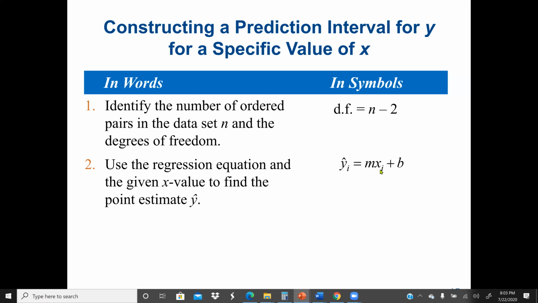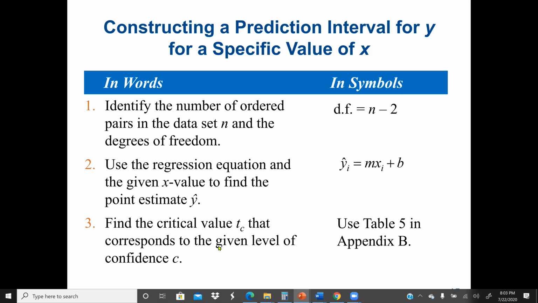Then we plug in all the x values from 1 to 8 in our example. After we get that, we use the t-table to find the critical value, which is tc. That's why we find the degrees of freedom: we are using the t-table, and we remember degrees of freedom is always the row of the t-table.